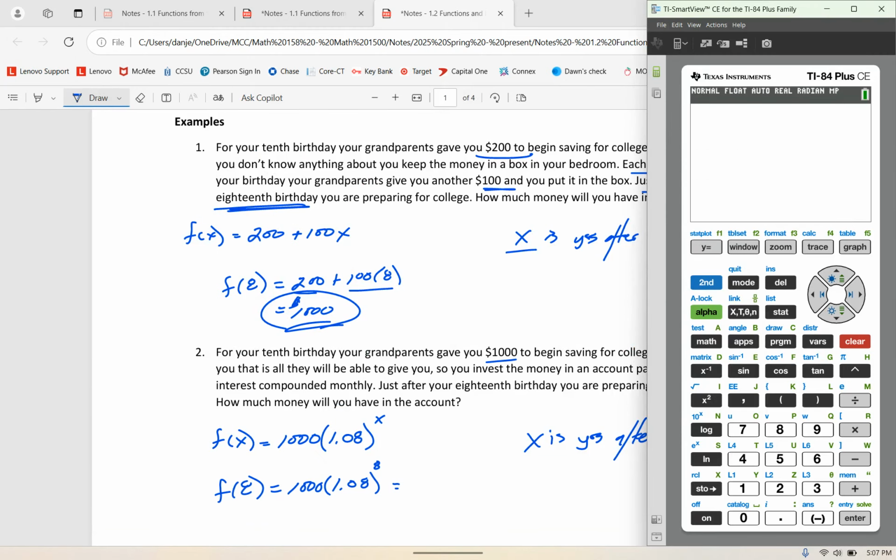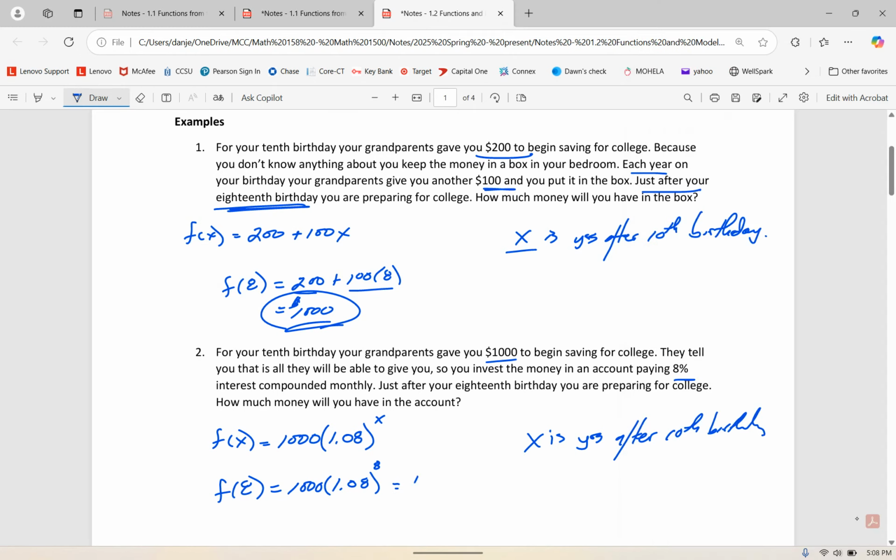So let's clear that. We're going to have 1,000 times 1.08 to the 8th. And so we would have 1850.93. 1850.93 is how much money we would have in the account. Okay.